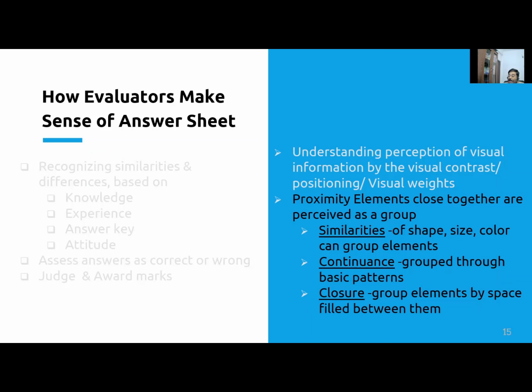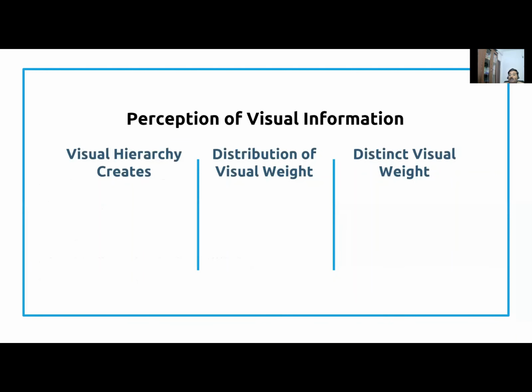If there are gaps, you have to fill them effectively in the answer itself. The visual hierarchy creates an interest to read more. It's attractive and grabs the attention of the evaluator, and can be achieved only with a sense of order and balance, which in turn reflects your practice.